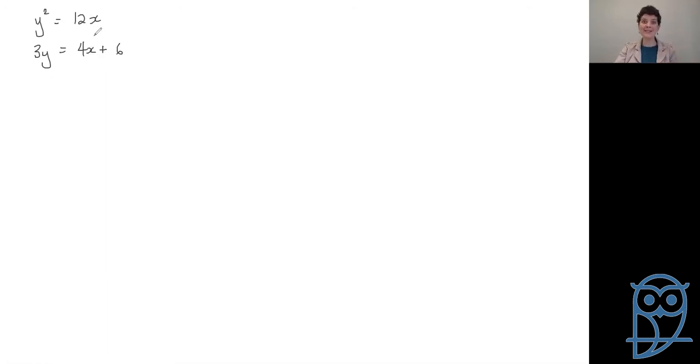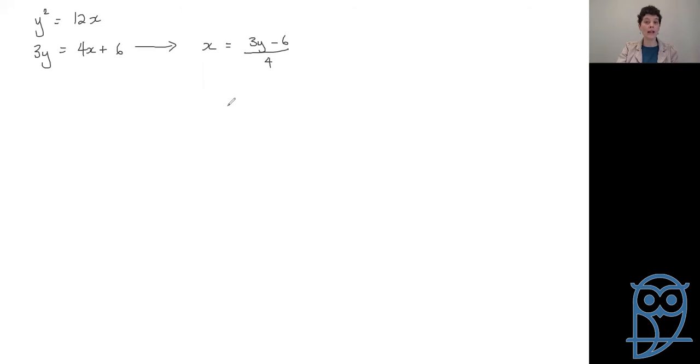It was going to cancel with that 12. So actually, that fraction we create is going to disappear straight away. So that's then the option that we want to go for. We want to keep life as simple as possible. So this one we would change, and we would have x equals 3y minus 6 over 4.